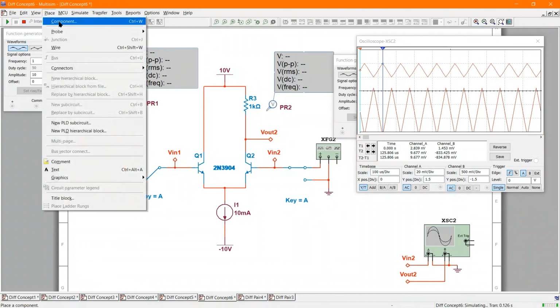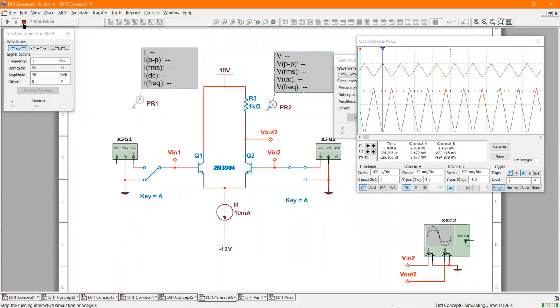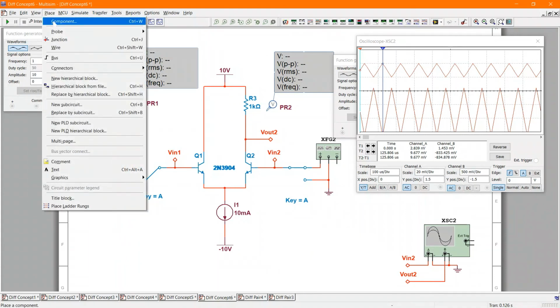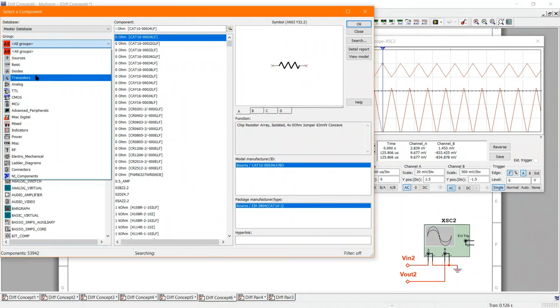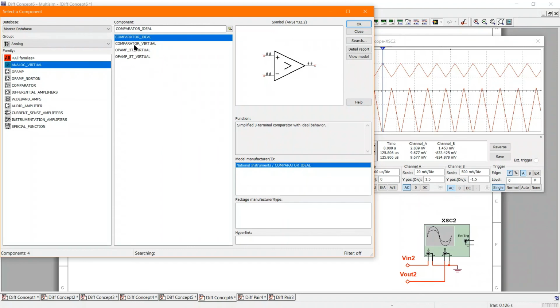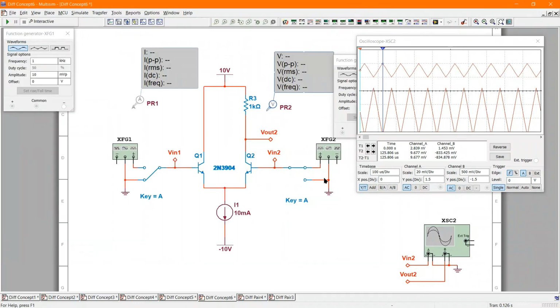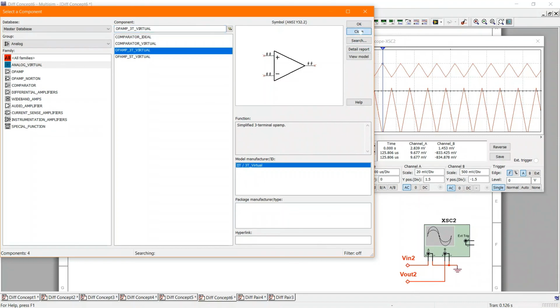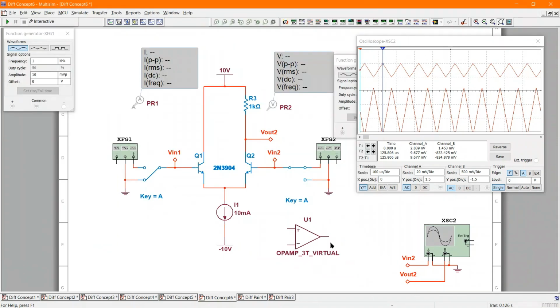In fact, when we draw a diff amp in a circuit, we don't normally draw all the transistors and resistors inside of it.